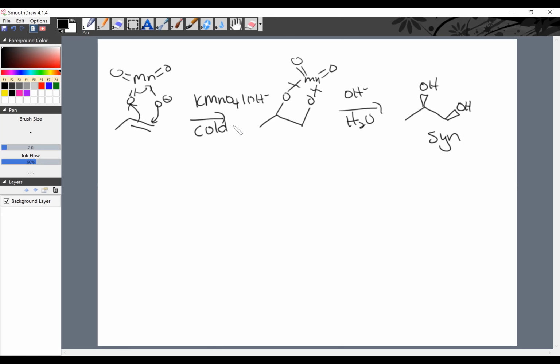Well, what happens if I don't control it with temperature, or I heat it up, or I actually try and control it with temperature, but I'm trying to go to the completely oxidized state? You go one step further, and it will literally cleave through that bond after it dihydroxylates, and you are left with, you know what, I'll just start fresh here.